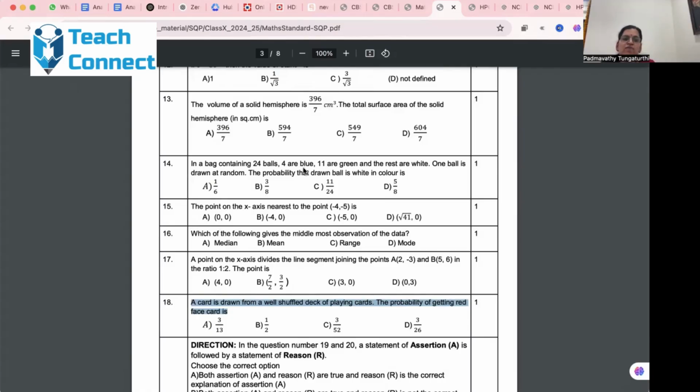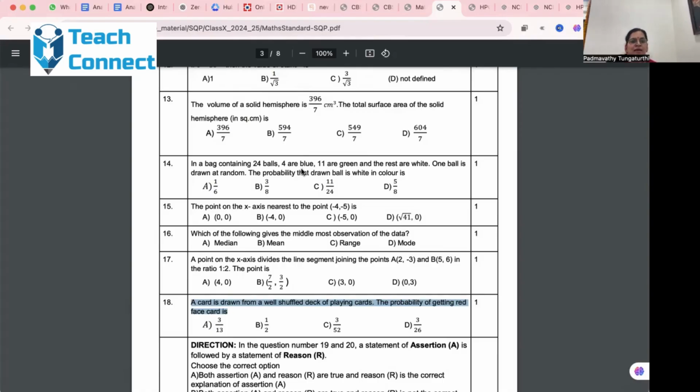From the volume, we can calculate the radius of it. We do not have to struggle dividing by 7 because the answer is given as 7 only. Divide by 7, you can leave it like that. These are the small things which the student should observe. You don't have to divide by 7 every time, or you can observe the answer and get to it.